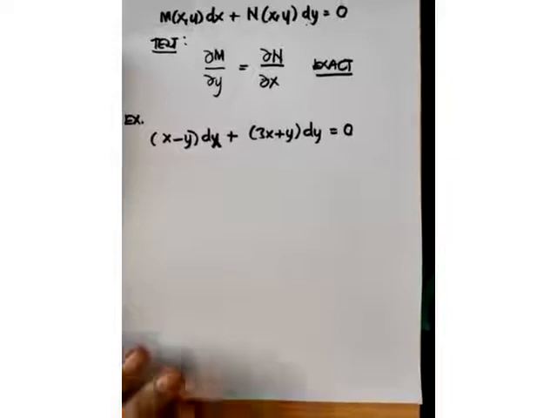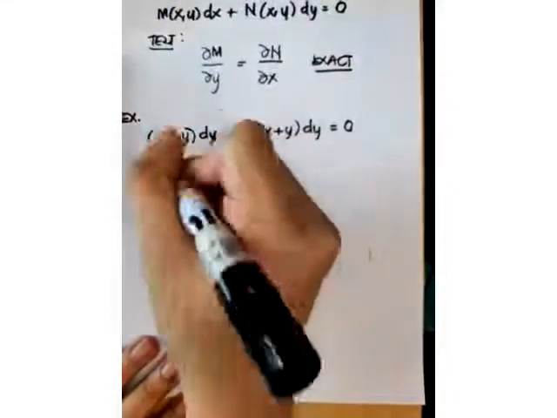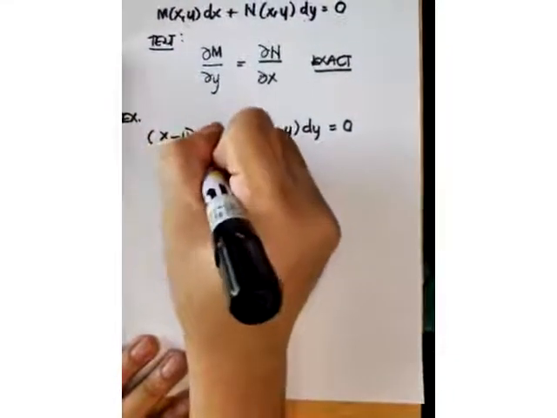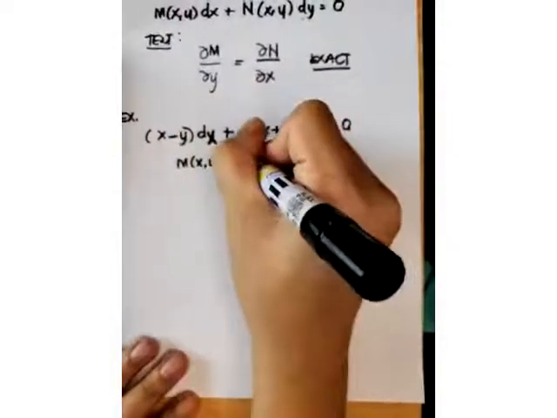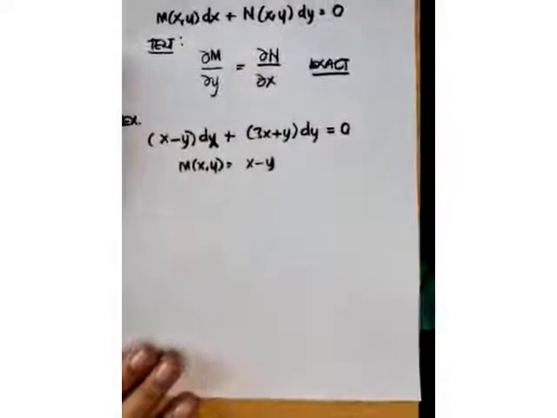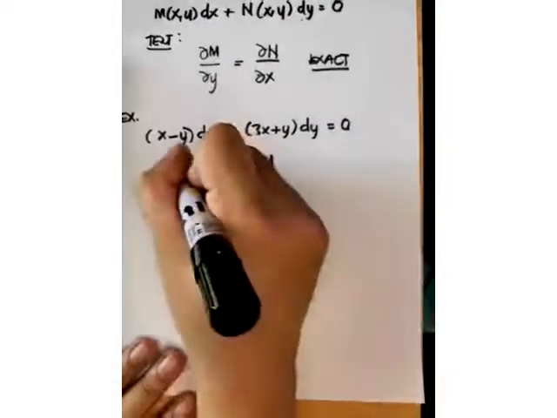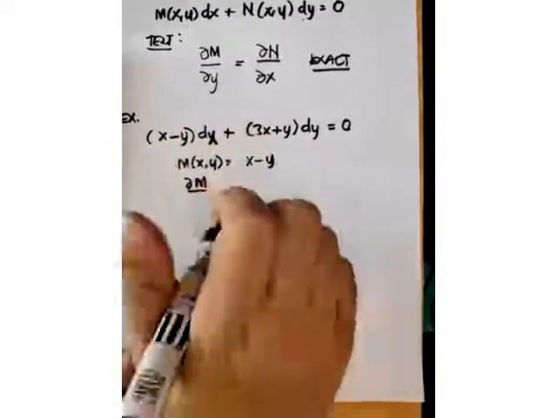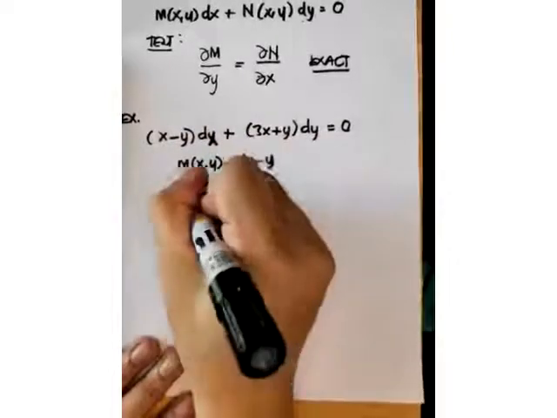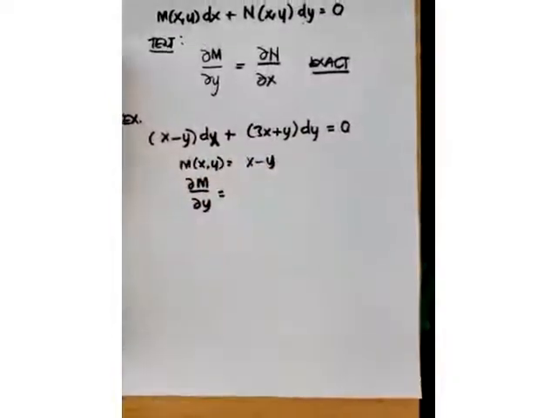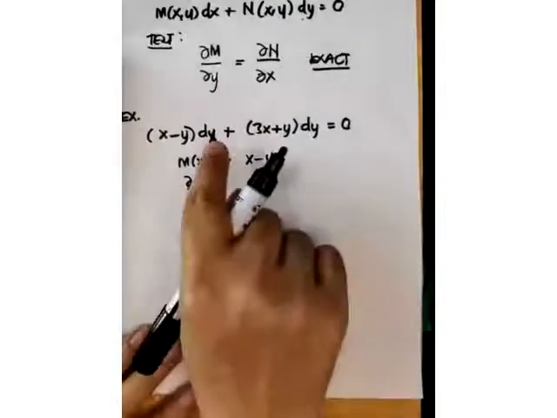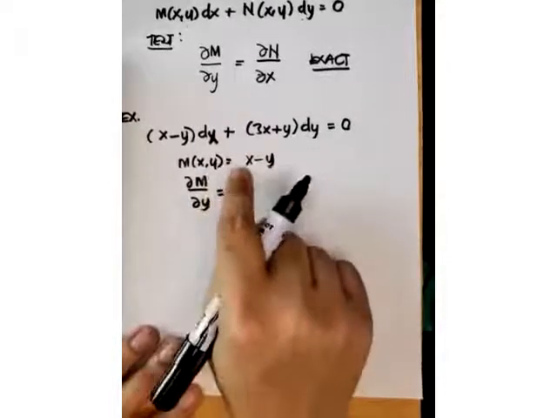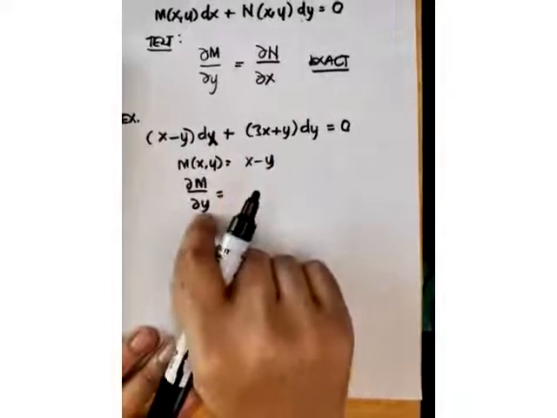To test, what is the value of M of x,y? It is the term that goes with dx, so that's equal to 3x plus y. Okay, so we take the partial derivative with respect to the other variable.